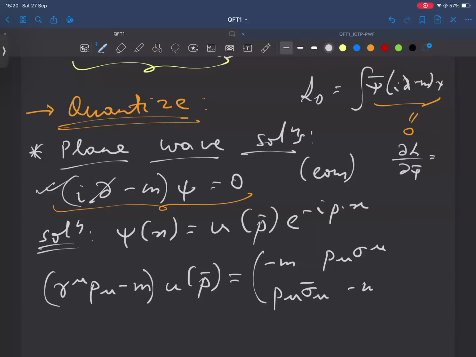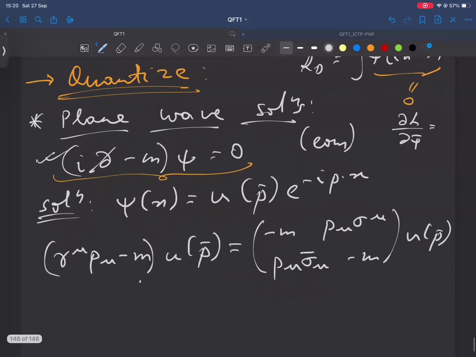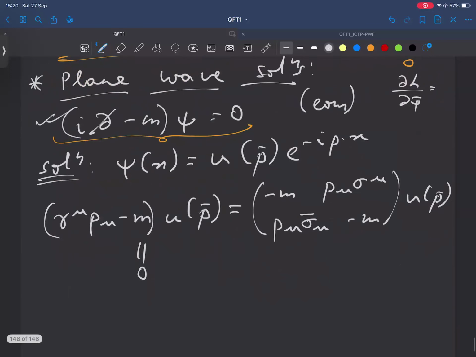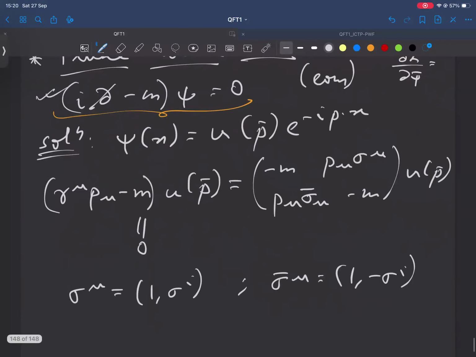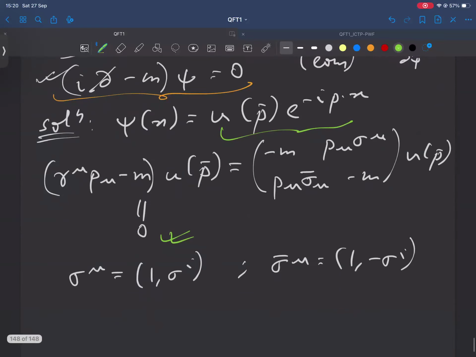Recall that we had introduced this notation today. And that is 0 from the Dirac equation. Let me write the notations again; we did this in the beginning of the class, but for clarity. So you can write an equation like this, and hence this solves the Dirac equation.